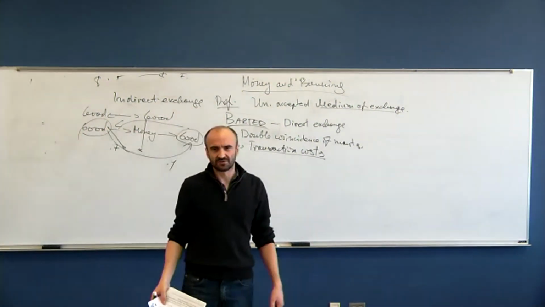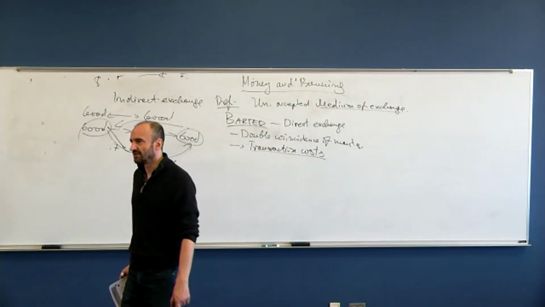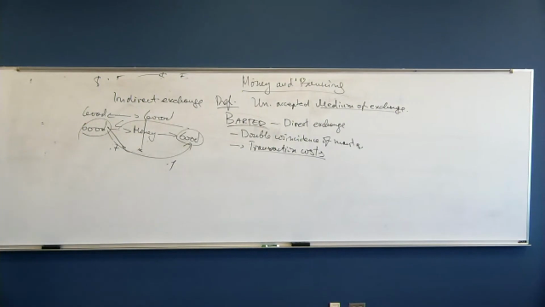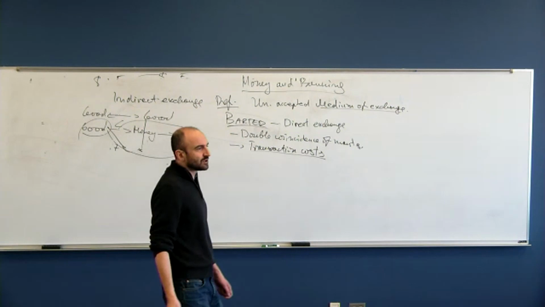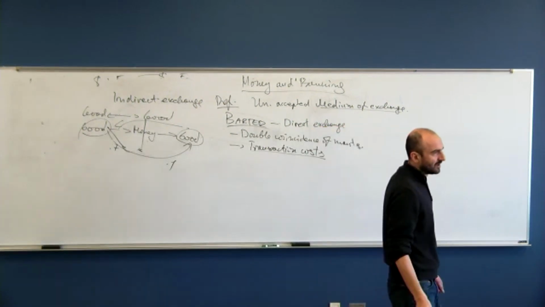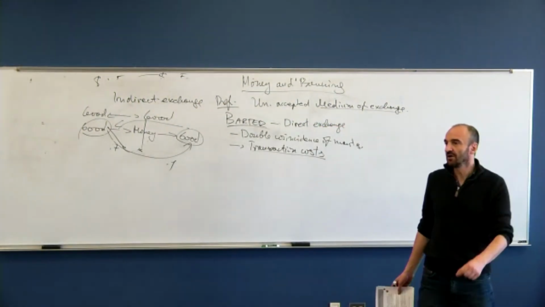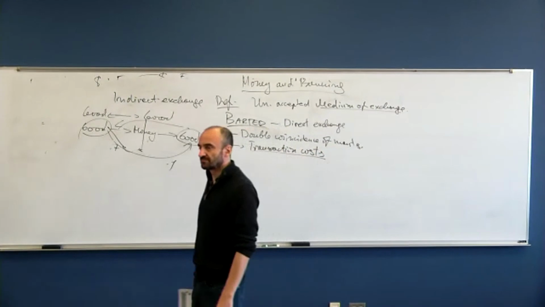What is the secret quality of money that lets you split the transactions this way? Money is the most precious and most highly demanded good or commodity in any given community. Money is just a good, just like any other good, which is in very high demand by a given community.